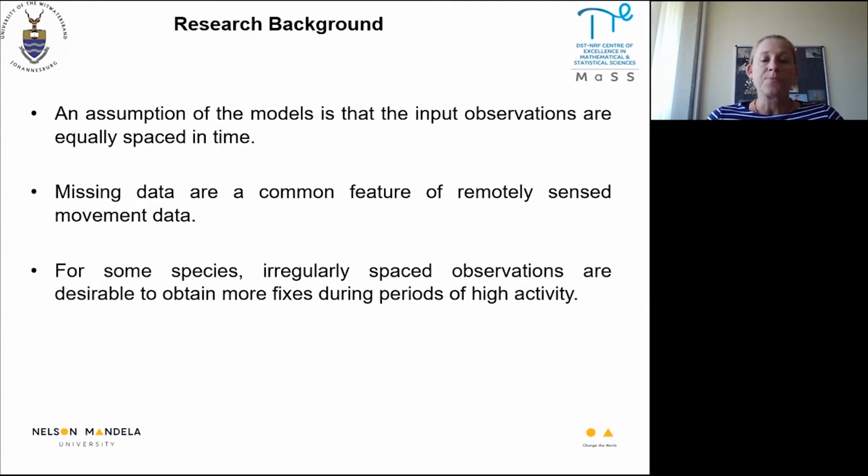There can also be, for certain species, the collars are actually set to record at irregular time intervals. And the reason for doing that is to try and get more fixes or locations when the animal is typically highly active. And by doing that, you can then extend the battery life of the collar.